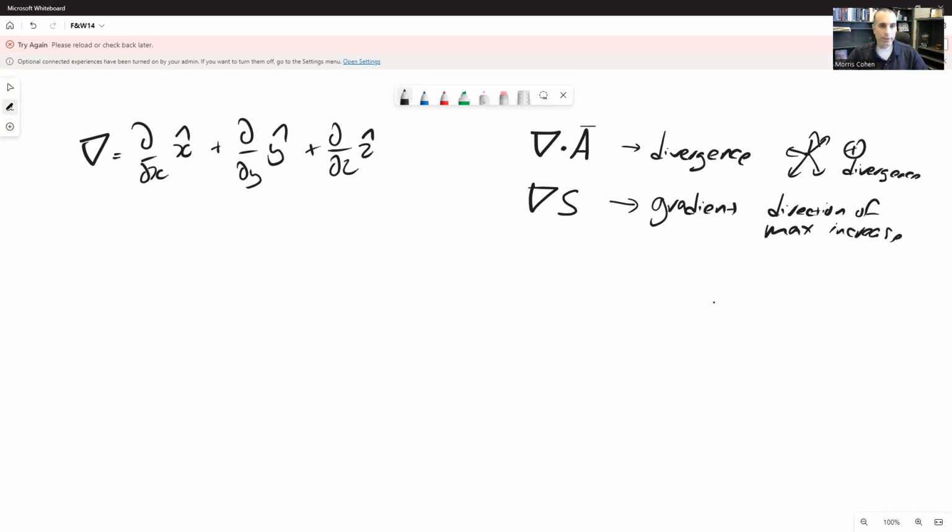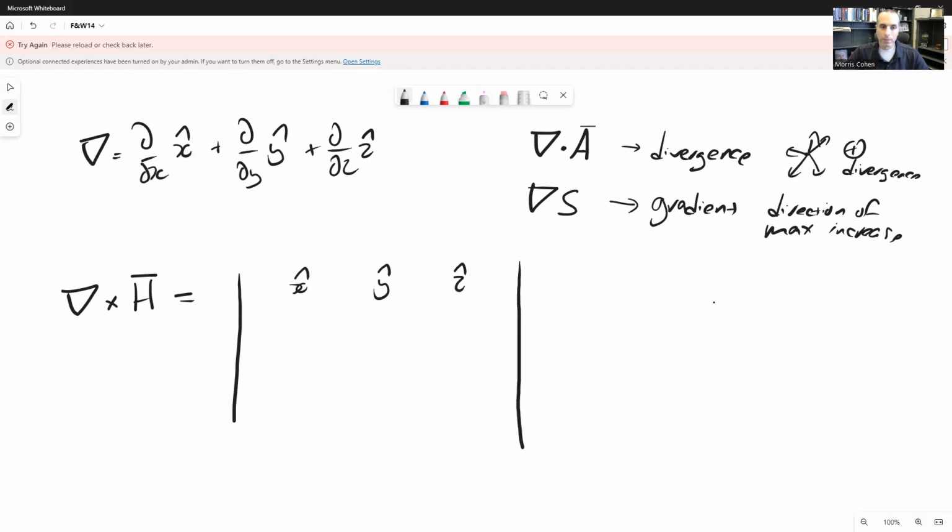All right, today we're going to introduce something called curl, which is grad cross with some vector field. And I'm going to use H because H is going to be the magnetic field that we're going to use. And so if we take this grad operator here and we apply it with a cross product to a vector H, then we can write this as a determinant of a 3x3 matrix, where the first row is just the unit vectors x, y, and z. In the second row, we're going to put in the three components of the del operator.